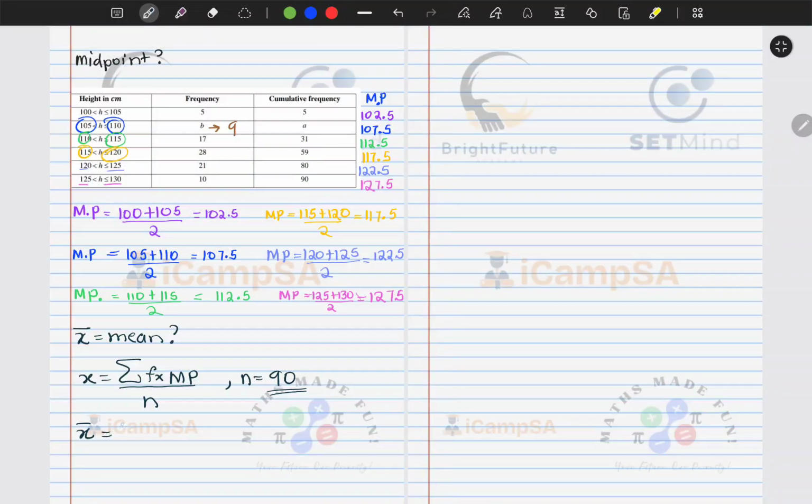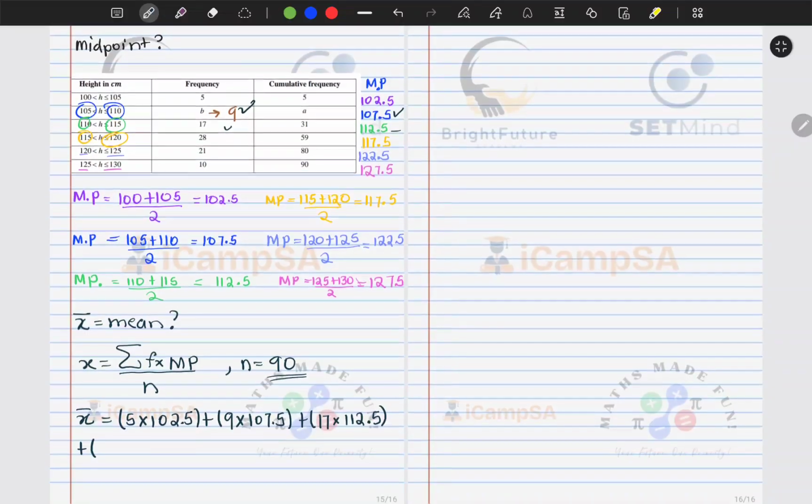Our mean is going to be, starting with the first one, 5 multiplied by 102.5, and then plus, the next one, which is 9, multiplied by the corresponding midpoint, 107.5. And then plus a frequency of 17, which multiplies the corresponding midpoint of 112.5.